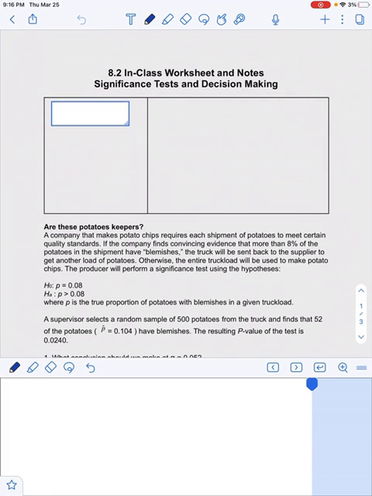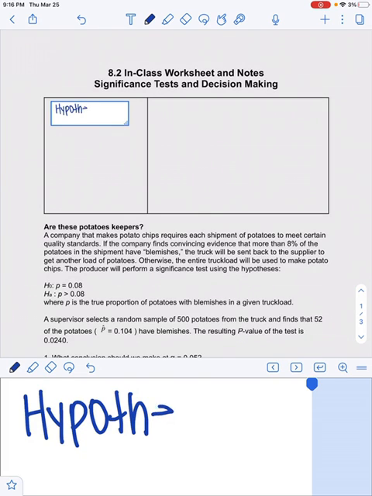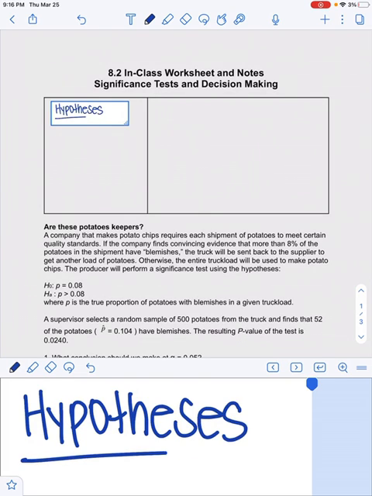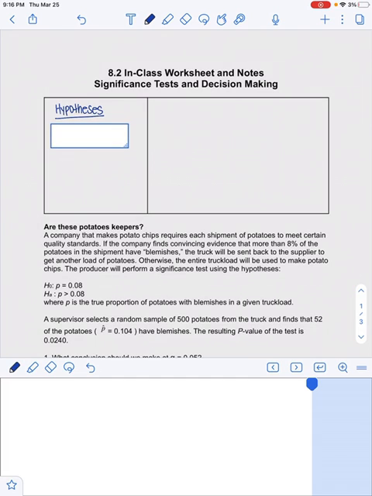All right. So the notes that you're going to put up here is that this is all about hypotheses. We're going to have two different ones.